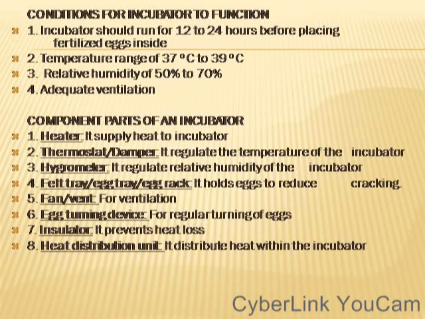The insulator prevents heat loss. Without the insulator, the heat produced by the incubator will be moving outside the incubator, and this is not good. The next one is the heat distribution unit. There is a unit within it that makes sure that the heat is spread evenly within the incubator.